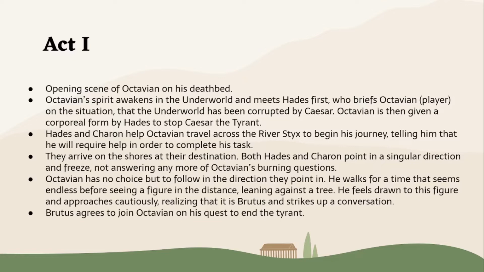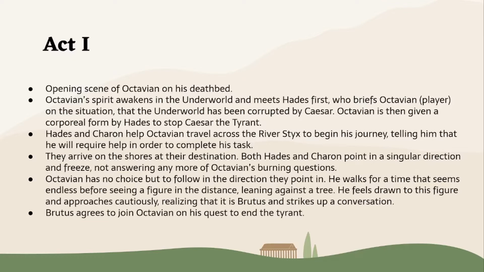Hades and Chiron help Octavian travel across the river Styx to begin his journey, telling him that he will require help in order to complete his task. They arrive on the shores at their destination. Both Hades and Chiron point in a singular direction and freeze, not answering any more of Octavian's burning questions.